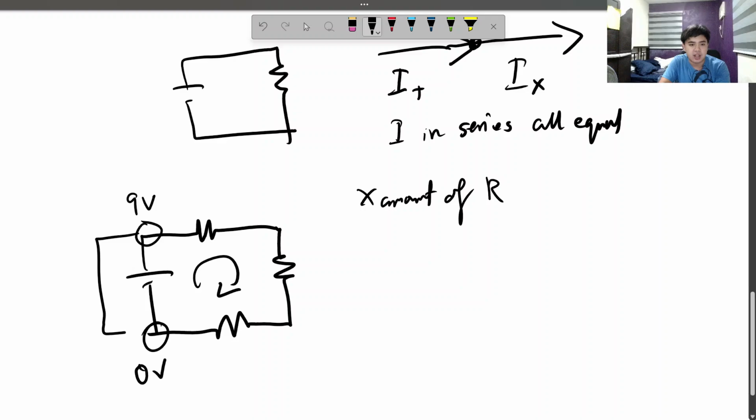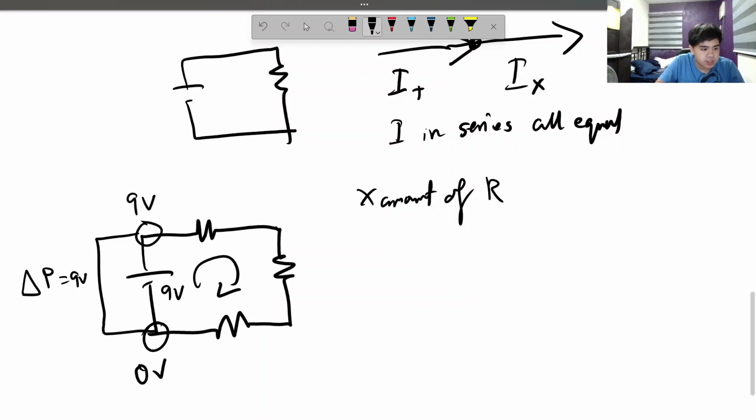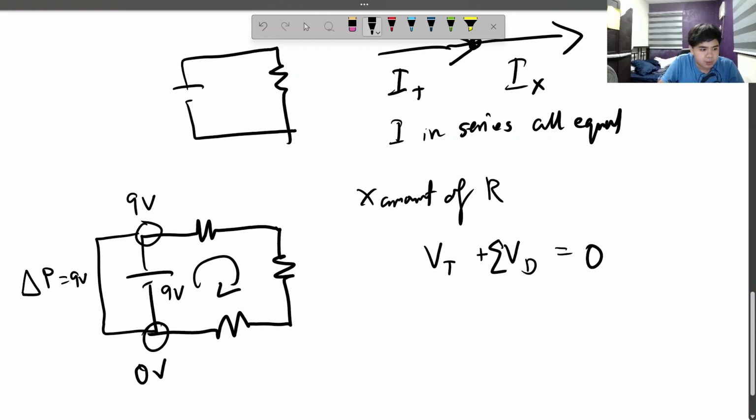And the relative potential, or the potential difference, is 9 volts. So this means that these three resistors all sum up to negative 9 volts in order for the 9-volt source to be zero. So that means that voltage total plus the sum of all voltage drops is equal to zero. Put in another way, Vt equals negative the sum of V drops.